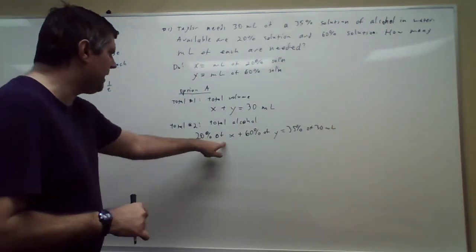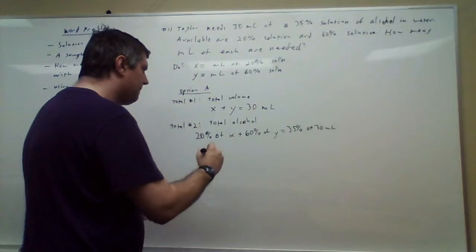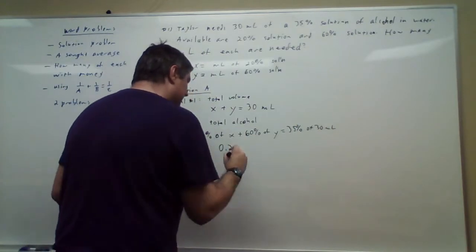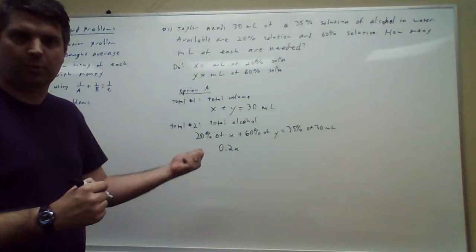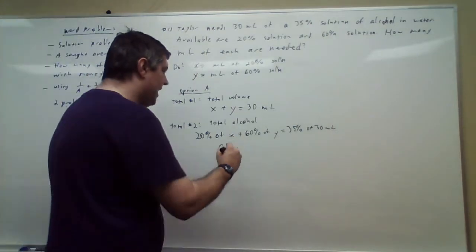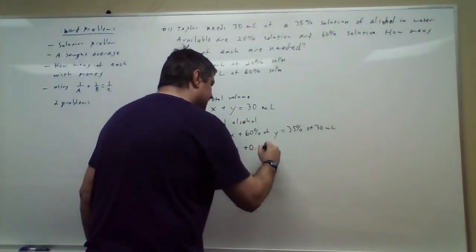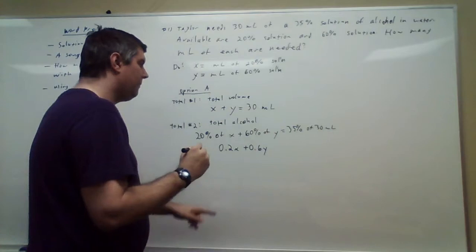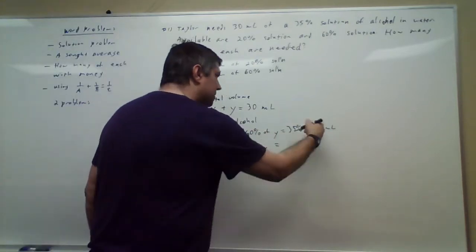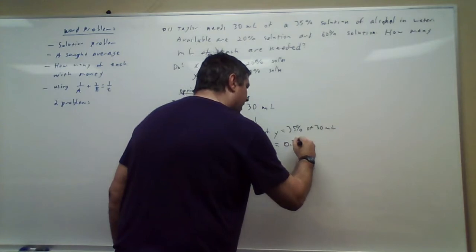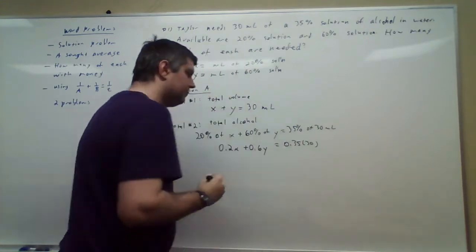So to say 20% of X, I would take 0.2X. 0.2 times X, because 20% as a decimal is 0.2. 60% of Y would be 0.6Y. And then 35% of 30 would be 0.35 times 30.